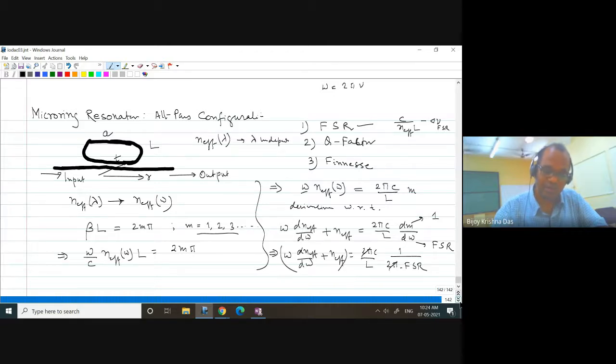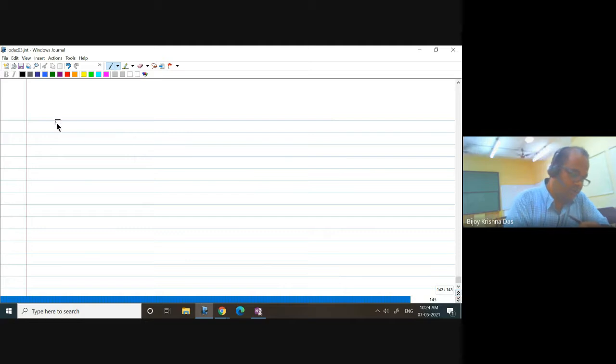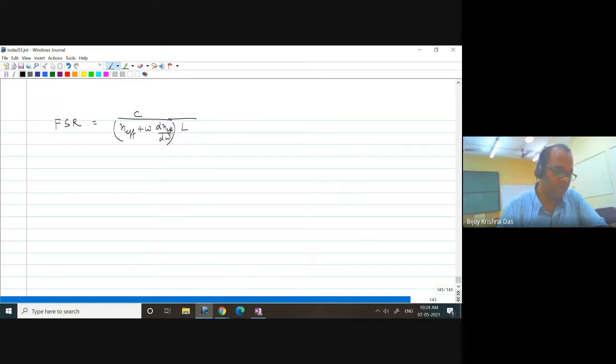Okay, so I write that FSR in the linear frequency domain: FSR equal to C by (n effective plus omega d n effective by d omega) times L. So this one we normally write down like this, NG L. What is this NG?